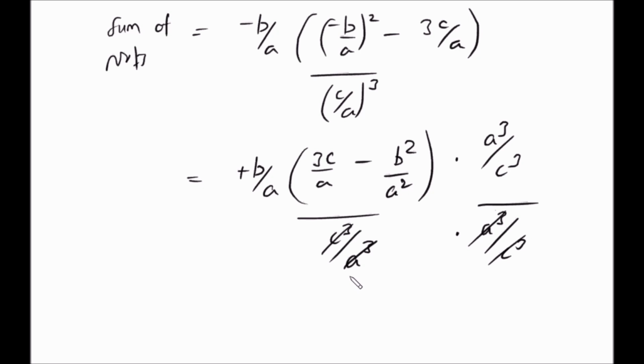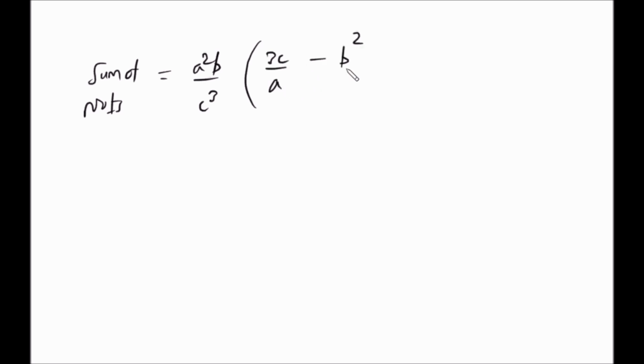So sum of roots itakuwaje? Hapa a itaondoka, hapa itabaki a squared. Kwa hiyo sum of roots itakuwaje? Sum of roots itakuwa ni a squared b over c cube times, so we have 3c over a minus b squared over a squared. So ingiza ndani, what do you get? Sum of roots.